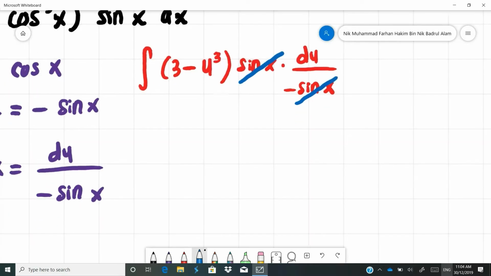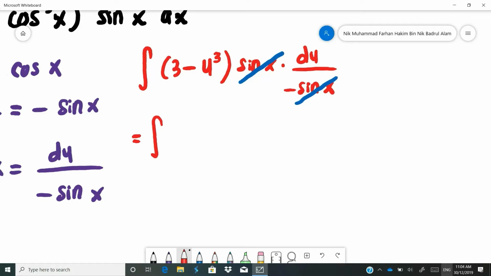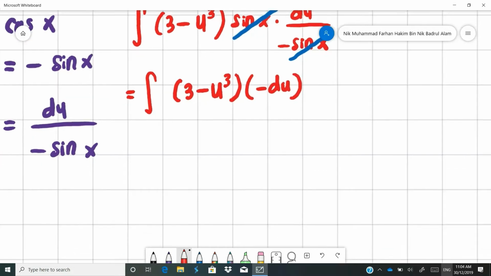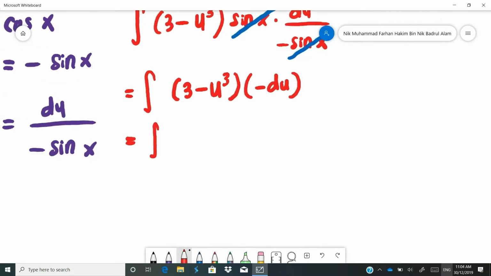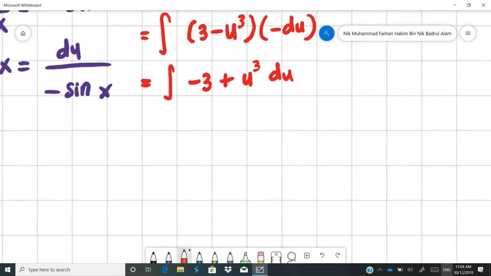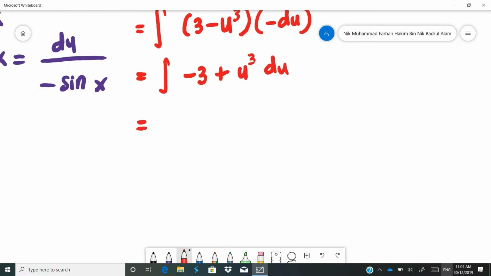So you will have the integral of (3 minus u to the power of 3) times negative du. Then we distribute the negative, so you'll get negative (3 plus u to the power of 3) du.